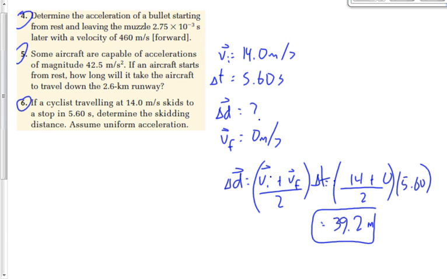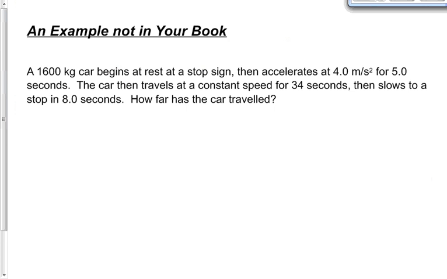All right. One more example here. Going to have to write this one down, unfortunately, because it's not in your book. Give you a chance to write that one down and to read it, and then we'll do this as a class. All right, let's have a look at this one now. It says a 1,600 kilogram car begins at rest at a stop sign, accelerates, then it travels at a constant speed, and then it stops.